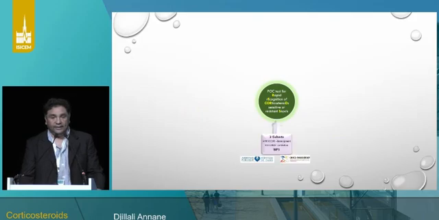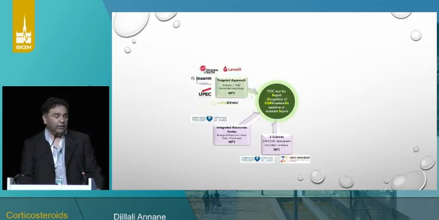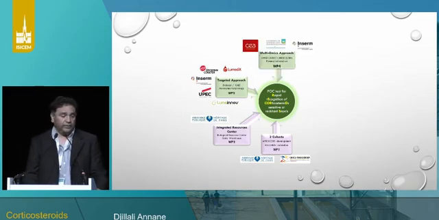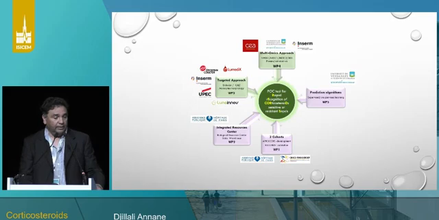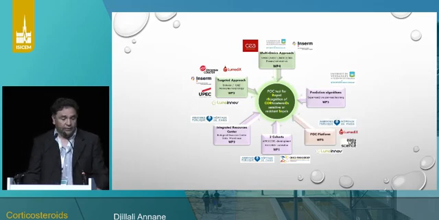Having said that, it's clear that the next step is to move on to personalize the corticosteroid treatment in sepsis, but also in patients with COVID-19 and maybe in other viral diseases like severe flu.